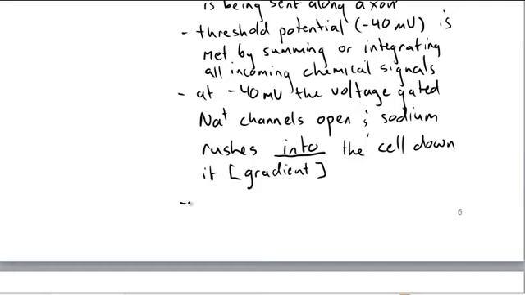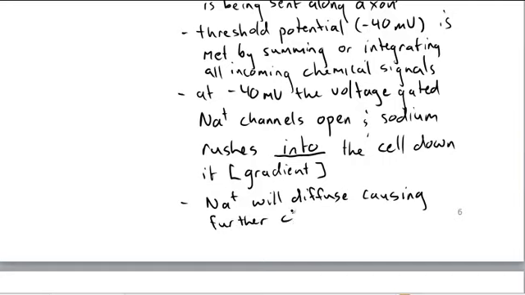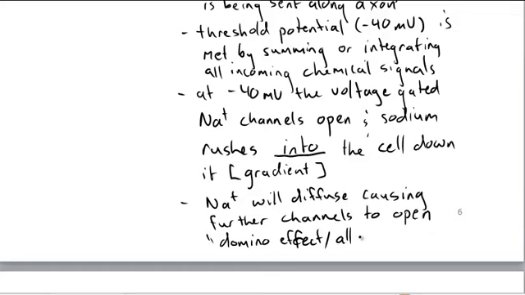And those positives, the Na plus positives, will diffuse, causing further channels to open in what we call the domino effect, or all or nothing response, because once it starts, you can't pull it back.